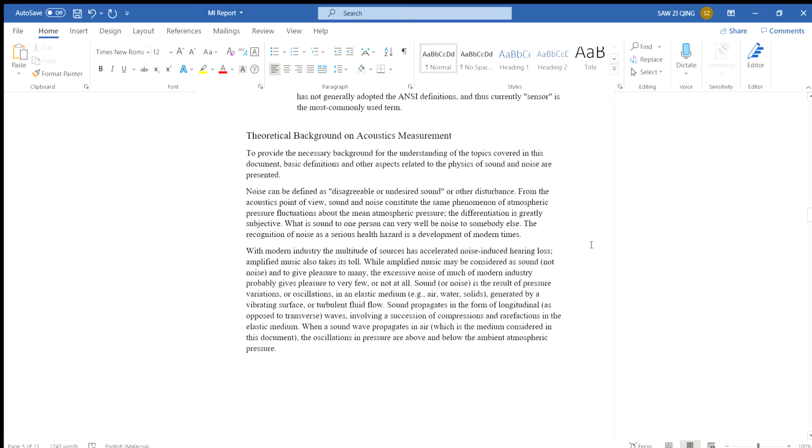From the acoustic point of view, sound and noise constitute the same phenomenon of atmospheric pressure fluctuation about the mean atmospheric pressure. With modern industry, the multitude of sources has accelerated noise, including hearing loss. Amplified music also takes its toll. While amplified music may be considered as sound and give pleasure to many.